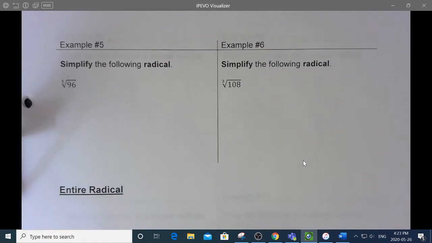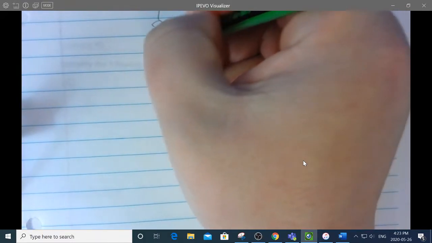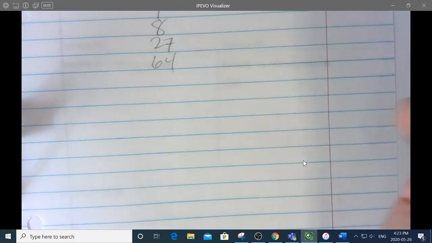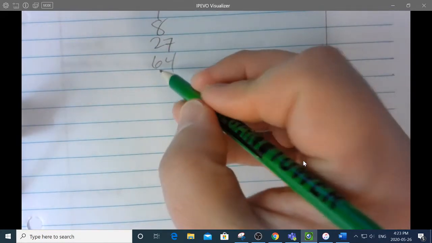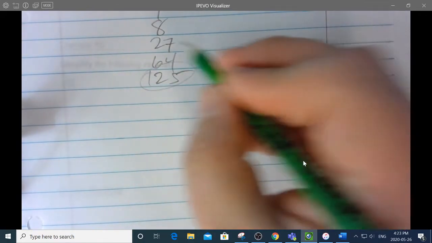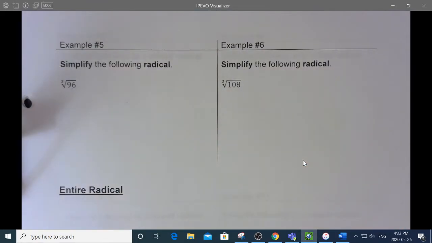Let's make a list of our perfect cubes, shall we? There is 1, 8, 27... 4 times 4 times 4 is 64. And then notice the next one's already going to be 125. So we've passed 96. So the only thing that goes into 96 is this 8. So, yep, it is 8.